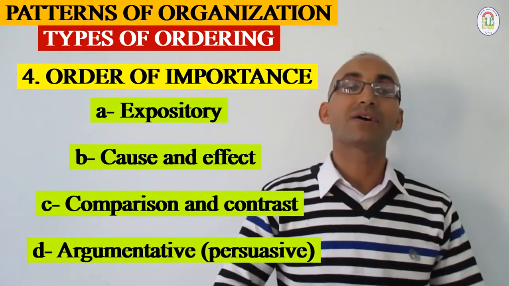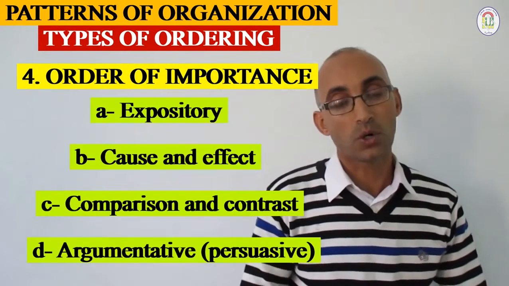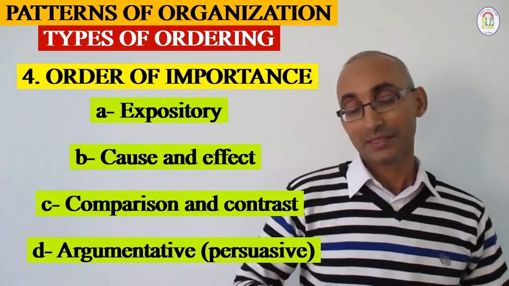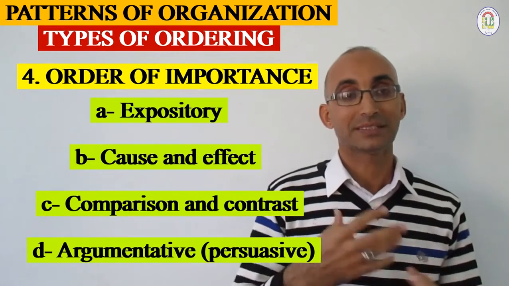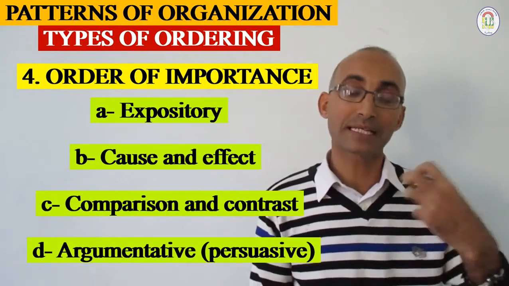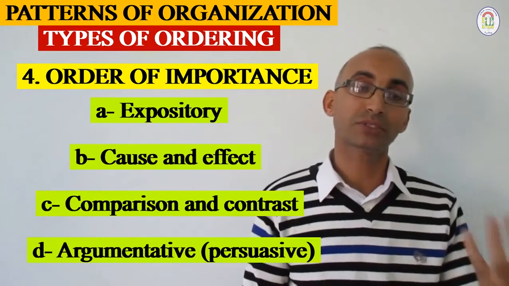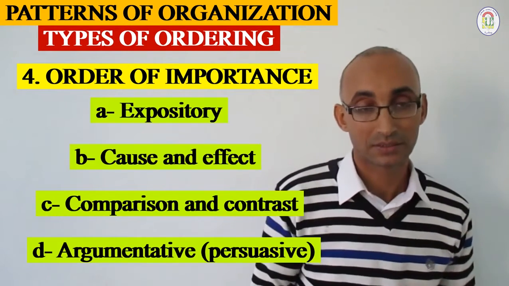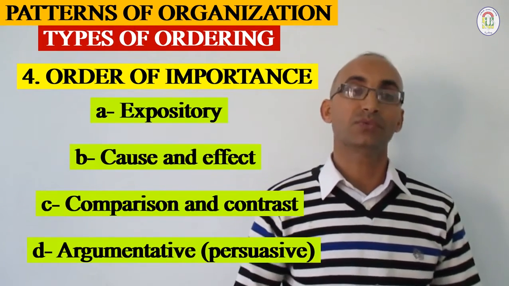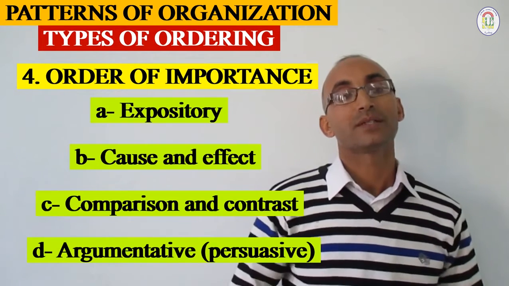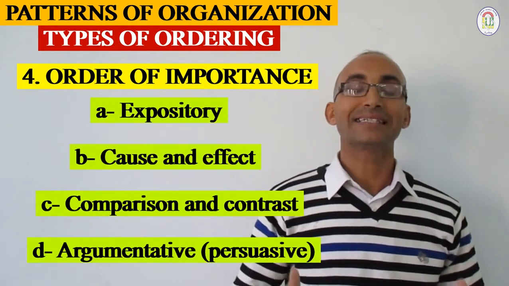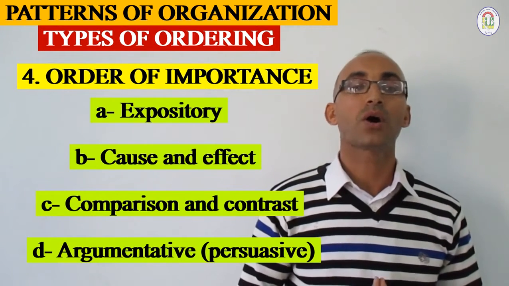Also we have the argumentative essay or pattern or writing, which should also consider this type of ordering from the strongest argument to the weakest, or vice versa, and so on and so forth. So these four types of essays are included under the umbrella of order of importance.